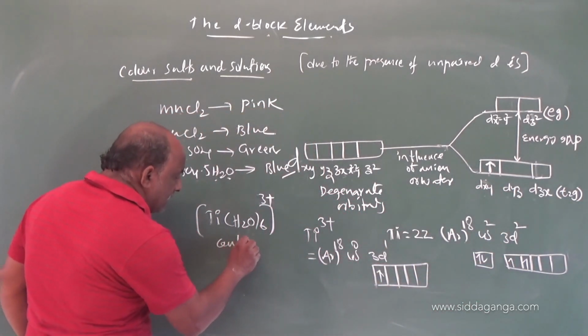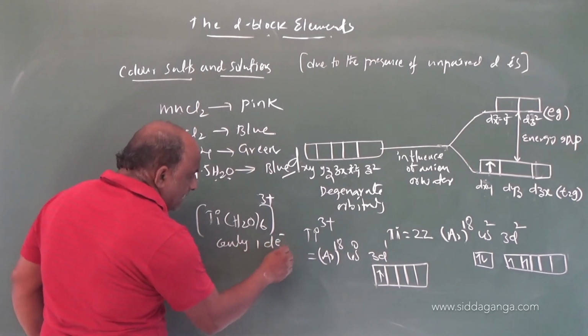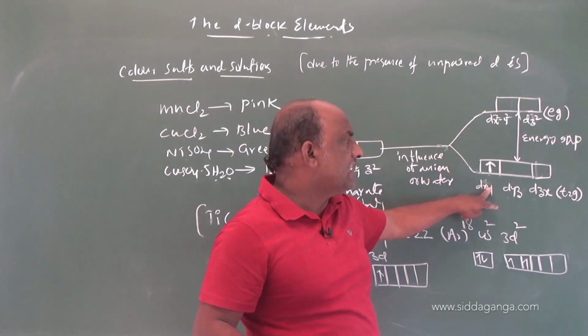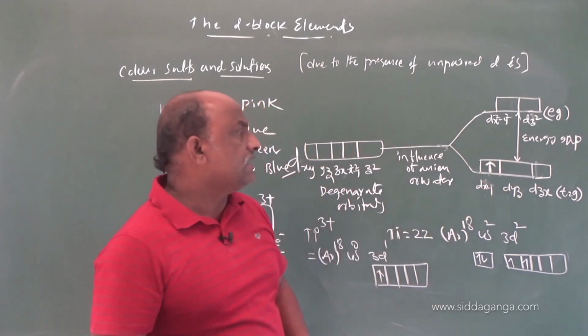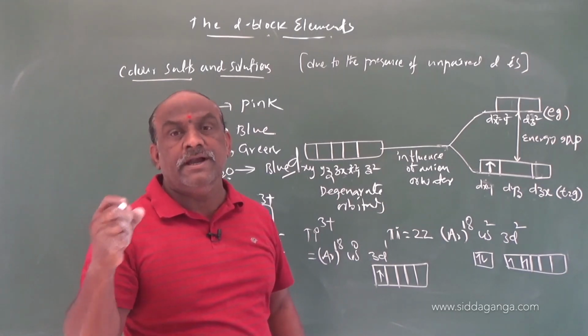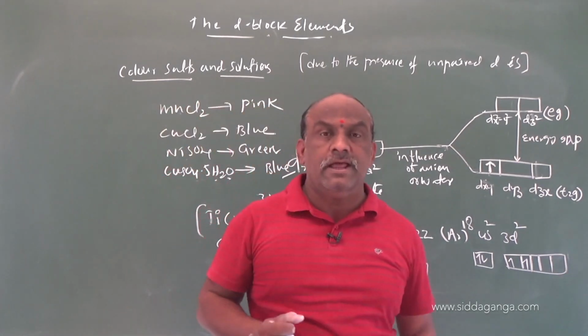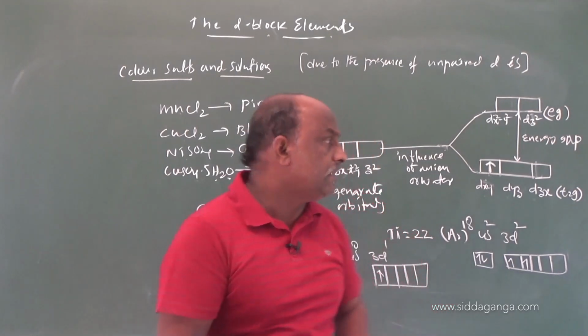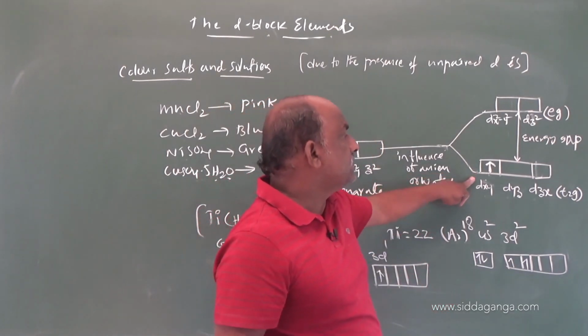Only 1 d electron is there, and that is present in dxy. This 1 d electron absorbs some radiations from visible light. So which radiations does it absorb?